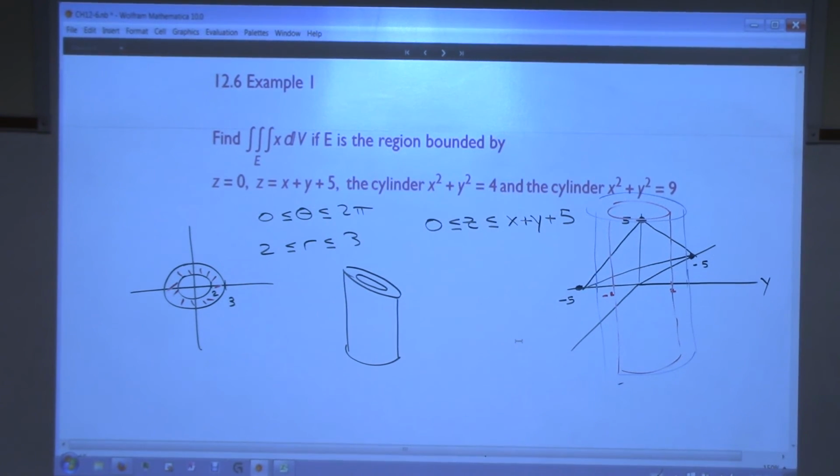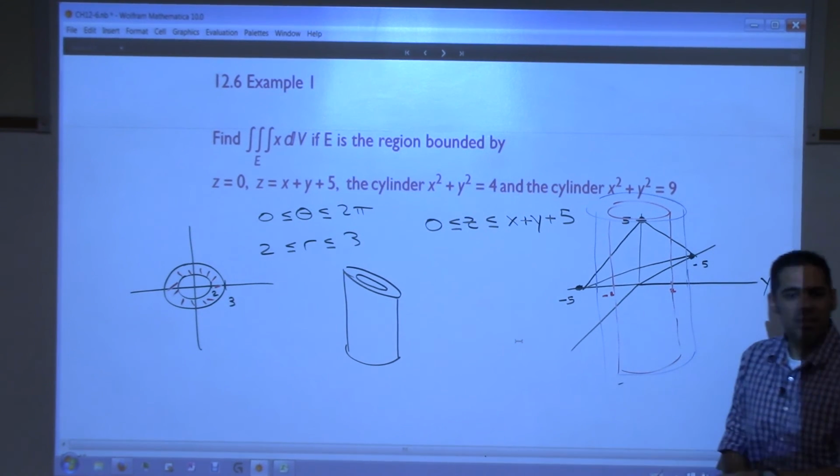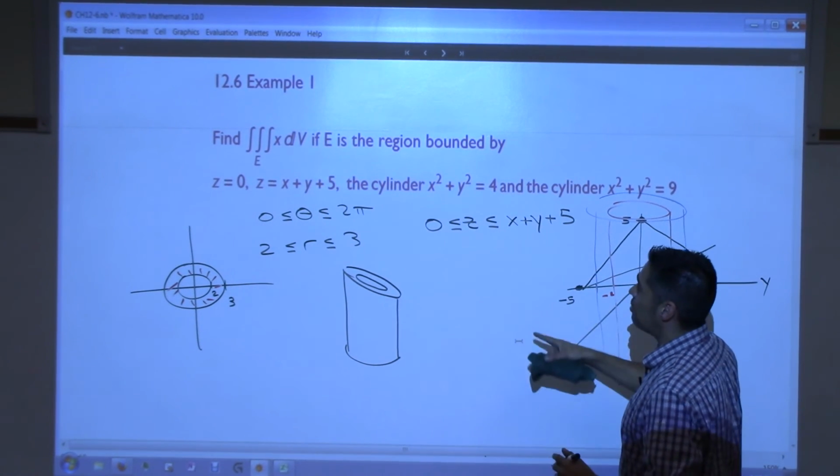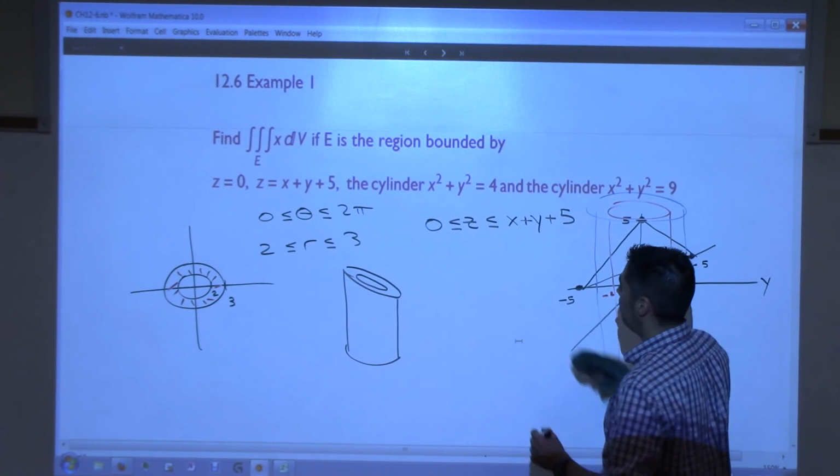We have a little bit of a problem. The issue is that we went to cylindrical, which is the same as going to polar, which means all your x's and y's have to be converted. So this restriction right here should not actually say x plus y plus 5.